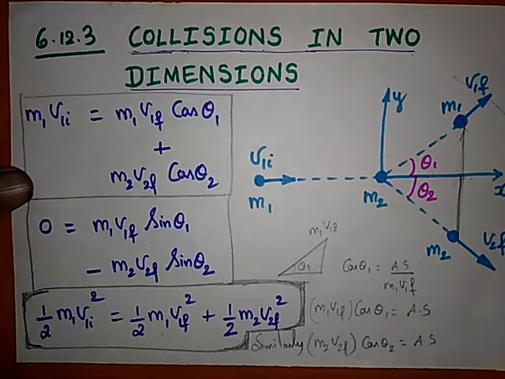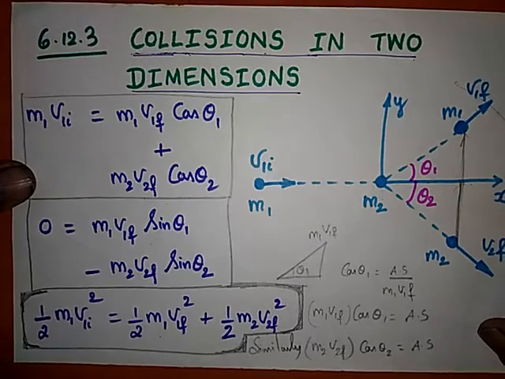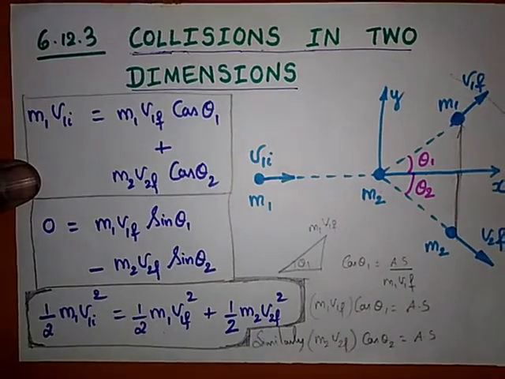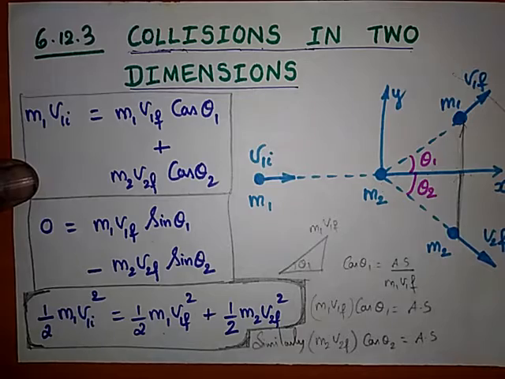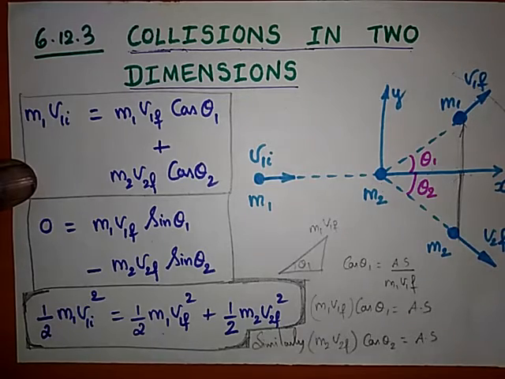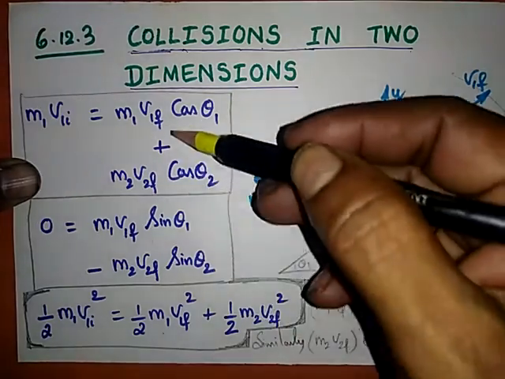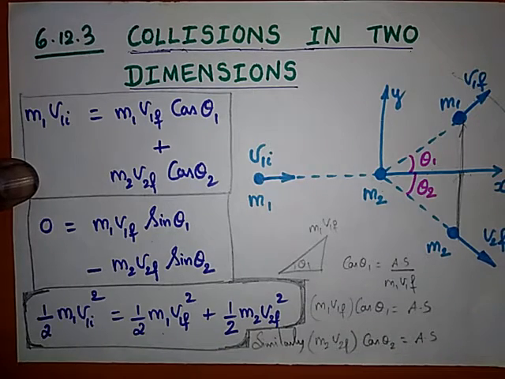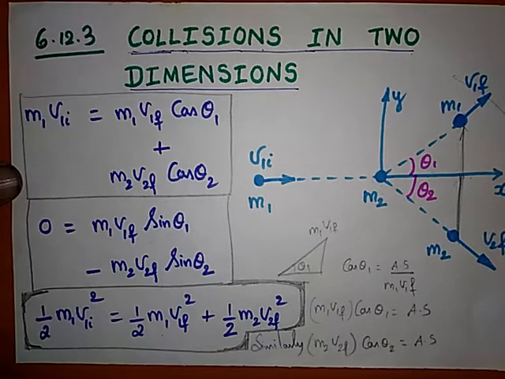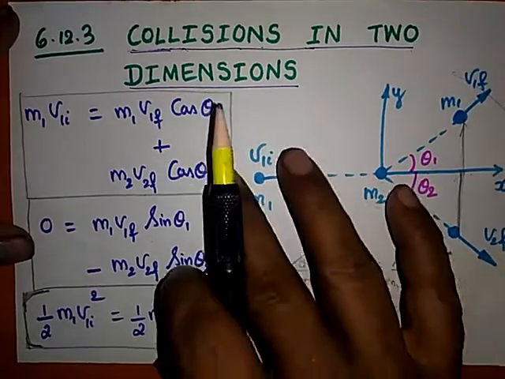If we know any four values, all other values can be computed using these three relations. The final velocities v1f and v2f can be easily computed from these three equations. That's about collisions in two dimensions, but this is the generalized equation.